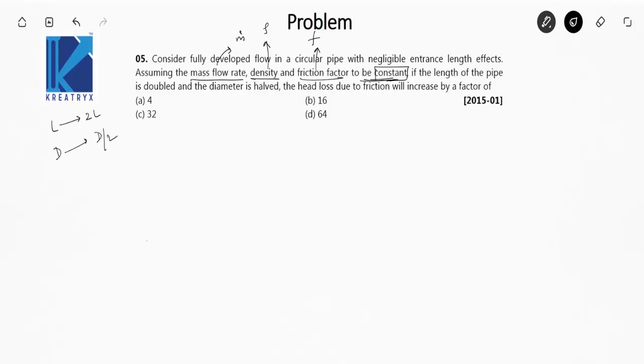The diameter is halved, the head loss due to friction will increase by a factor of what? So tell me what head loss due to friction is. It is equal to FLV square by 2GD, and it is also equal to FLQ square by 12D raised to power 5. This is basically what we have done to get this formula.